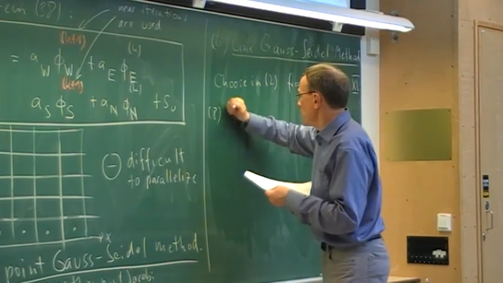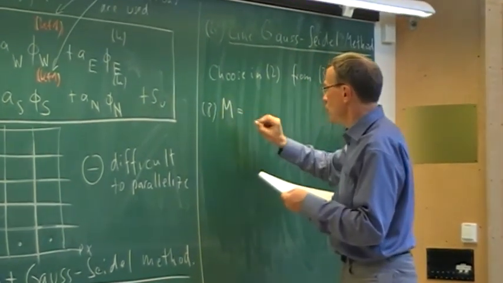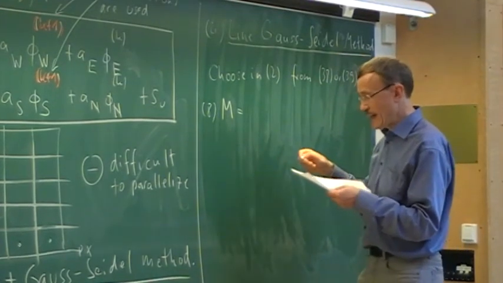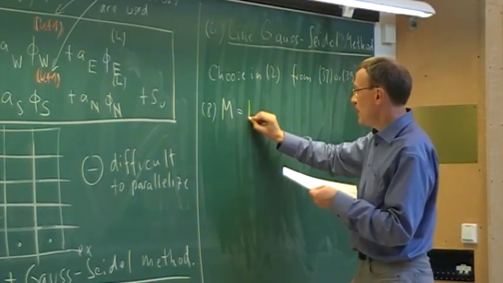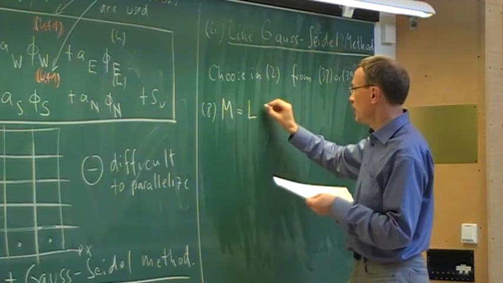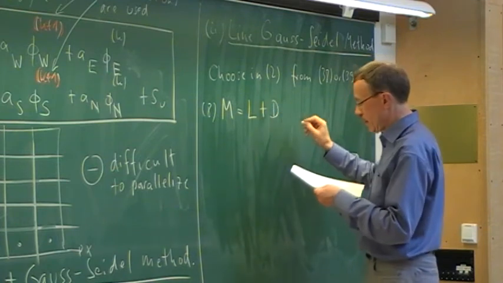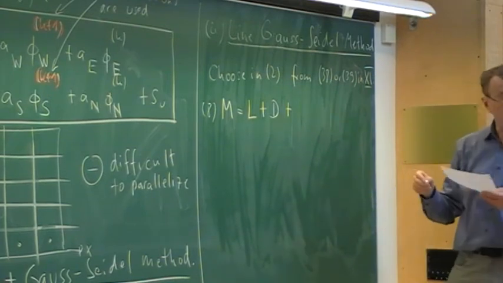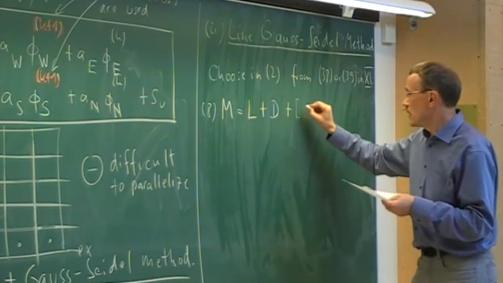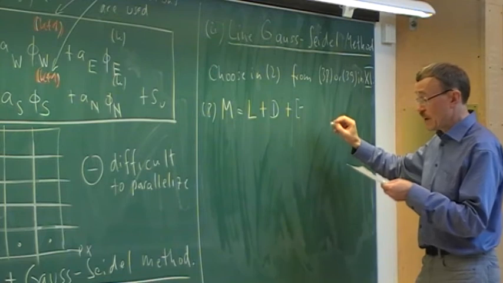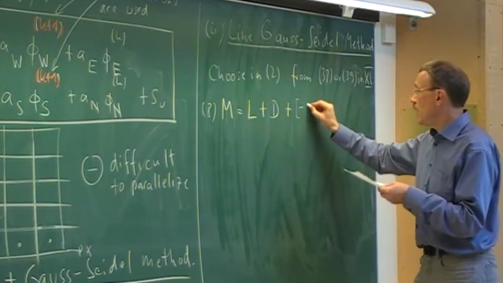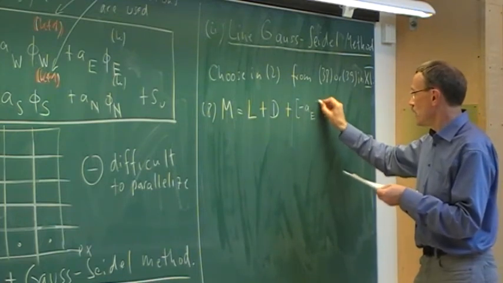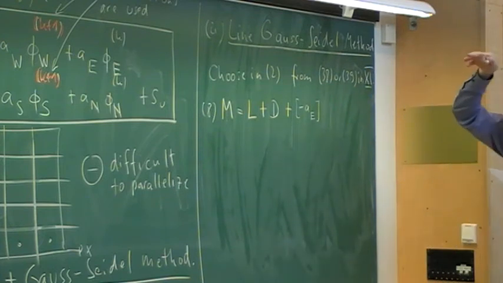So M, that is the matrix that we take as the new iteration, so the part of A. And there we take also, like in Gauss-Seidel, the lower part, the diagonal part, but now we take also the part that is coming from, I write in this form, the minus AE, that is on the part of the upper.